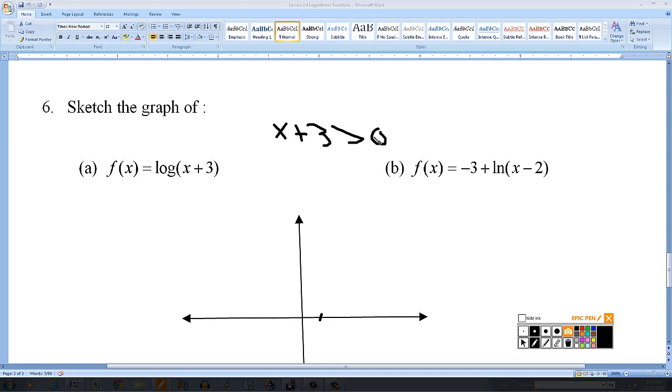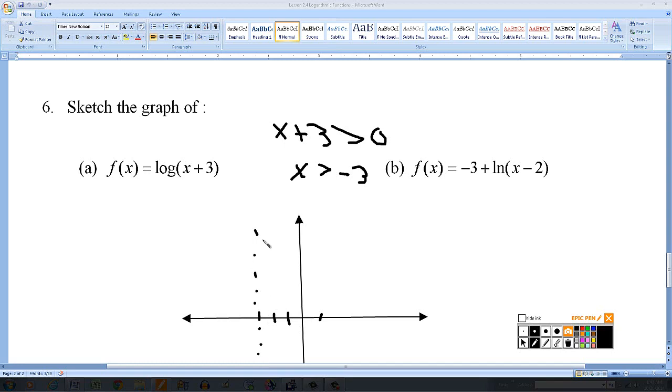So instead of a vertical asymptote at x equals 0, it's going to shift over to x equals -3. It's this line here. Everything moves over 3 units to the left.